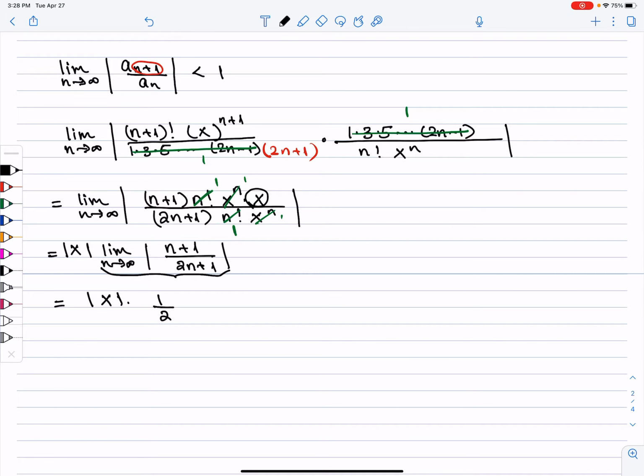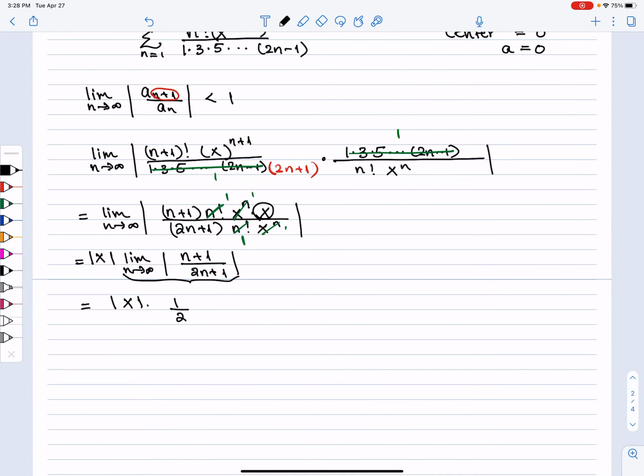Now, remember, we are applying the ratio test because we want to know for what values of x this series converges. So the series will converge when this, which is the absolute value of x over 2, is less than 1. So we can say convergent when it's less than 1. That is by the ratio test.